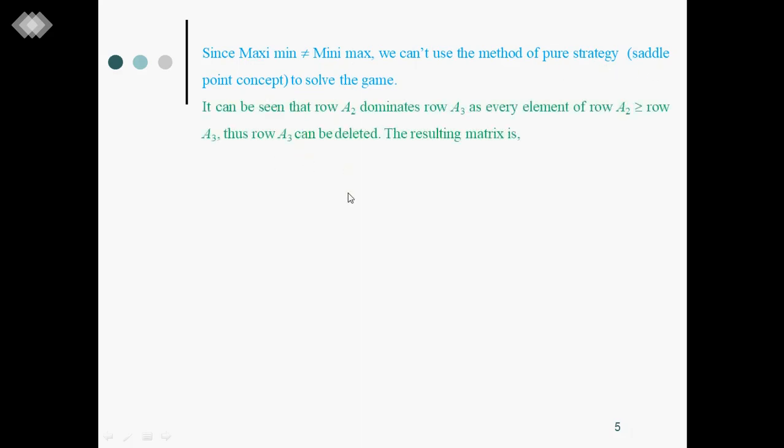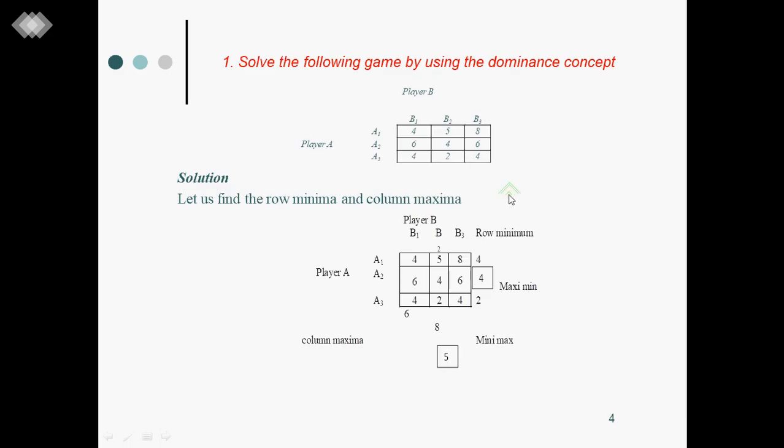Now if you observe the elements, by general comparison, it can be seen that row A2 dominates row A3. Let us go back. Row A2: 6 is greater than 4, 4 is greater than 2, 6 is greater than 4. What is your observation is, all the elements of A2, please note, are greater than or equal to the elements of A3.